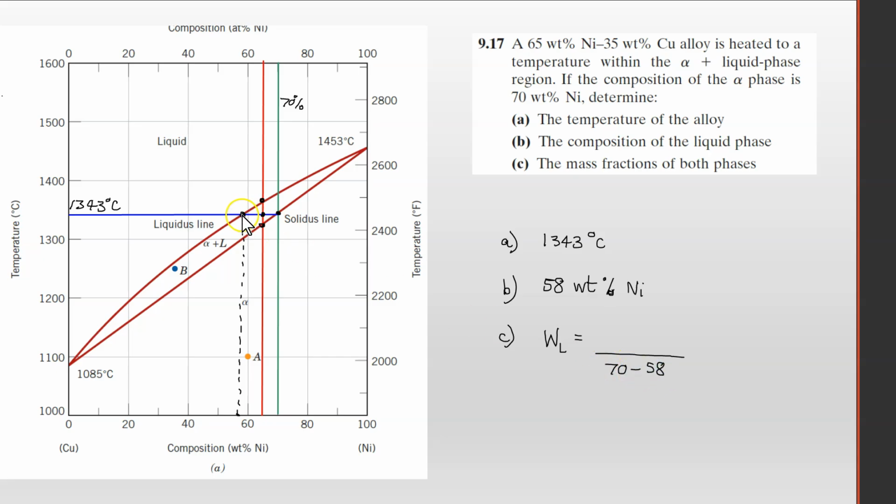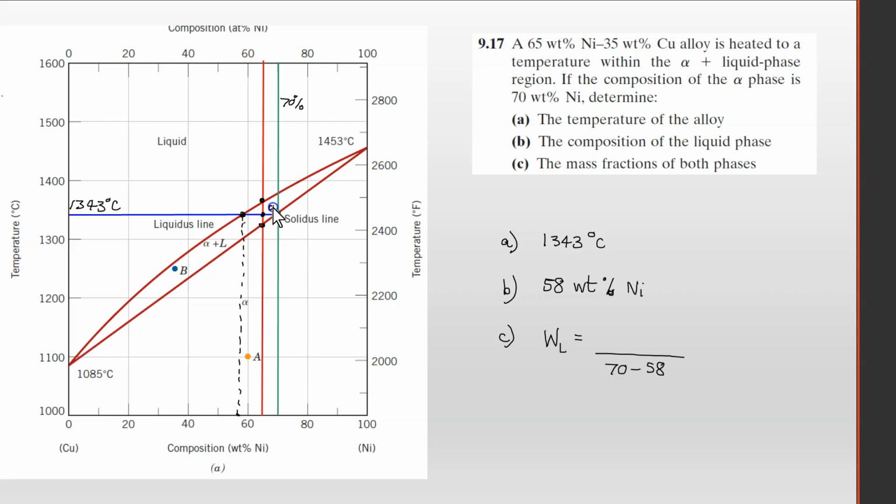And if we want to know the mass fraction of the liquid, we need to find the tie line that goes between this intersection point here and where the tie line intersects the other phase boundary, so to speak.